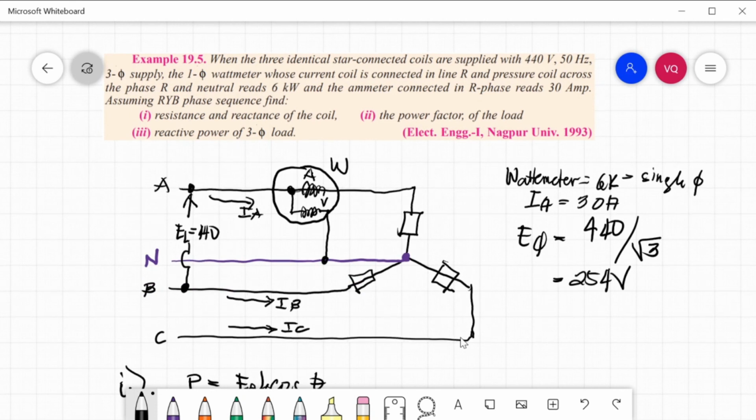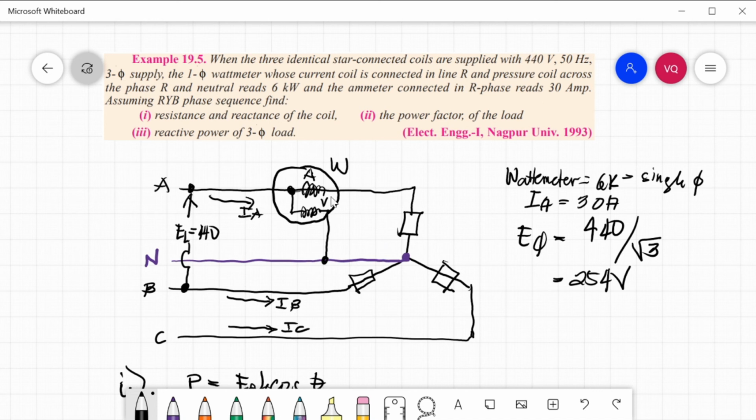So this is our circuit diagram. We have a 3-phase supply which has a load, impedance load per phase. So wattmeter composed of an ammeter which is in series with the line. This one, current coil is your ammeter and the pressure coil is your voltmeter. The voltmeter is connected at line A and neutral.